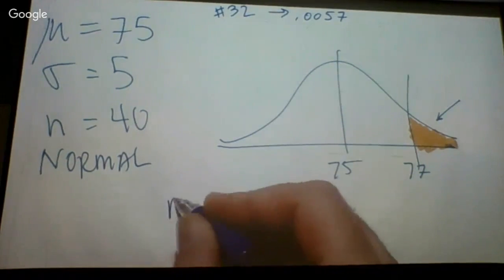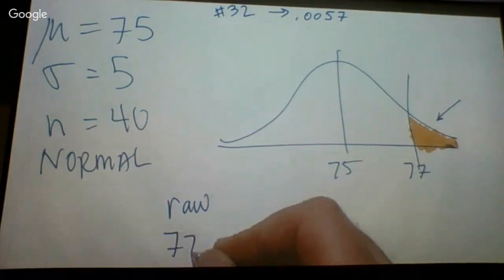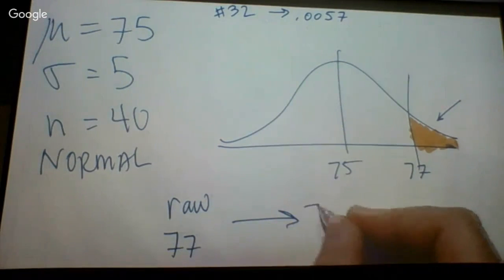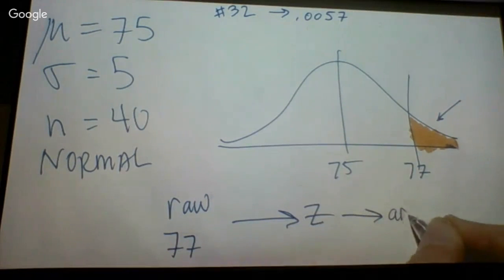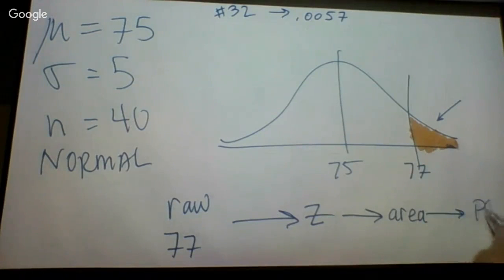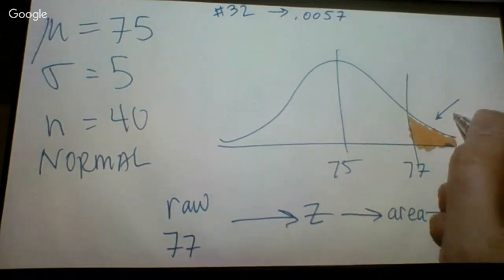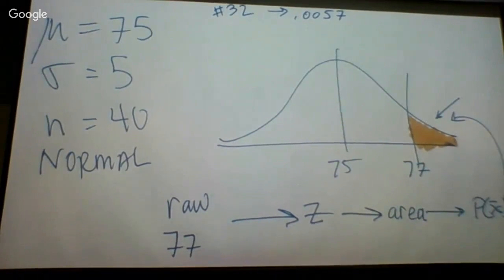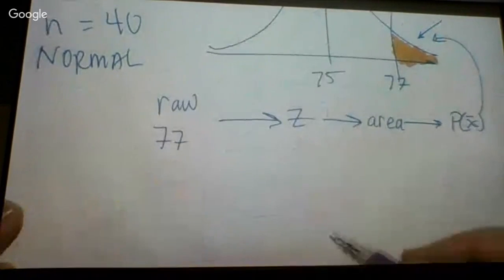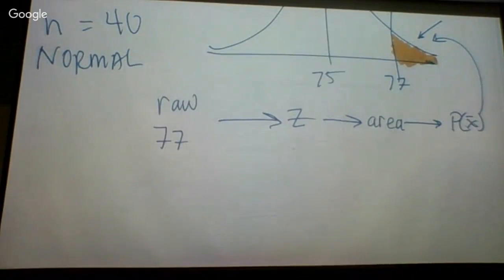So we're working from a raw score, 77, to a z-score, to an area, to a proportion, probability, or percent. In order to calculate a z-score, it's one more time, something over something. Sampling error over standard error. Thank you, Jack. Sampling error over standard error.